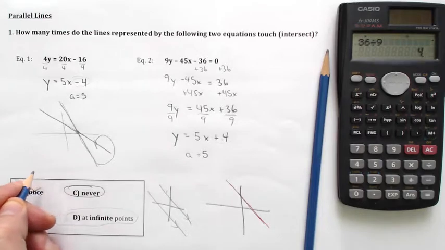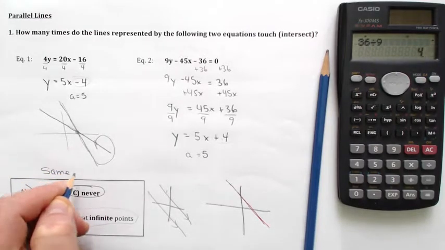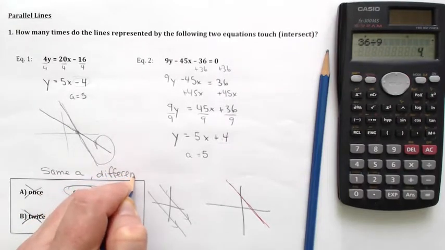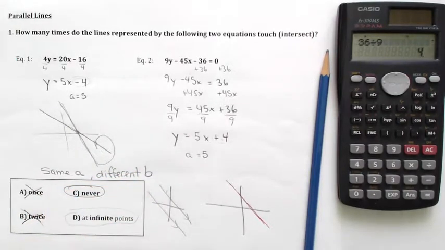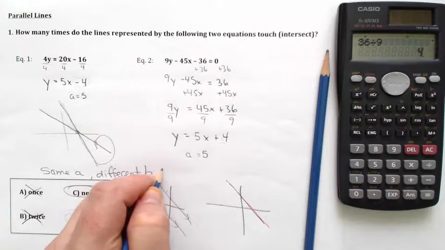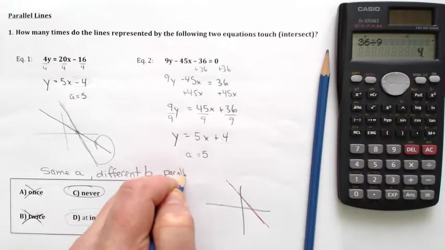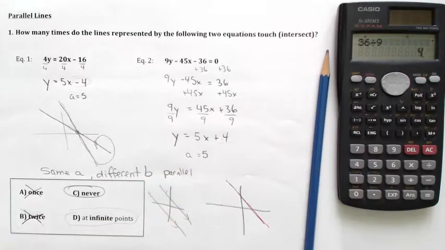If you've got the same a with a different b, then you are dealing with parallel lines that never touch.